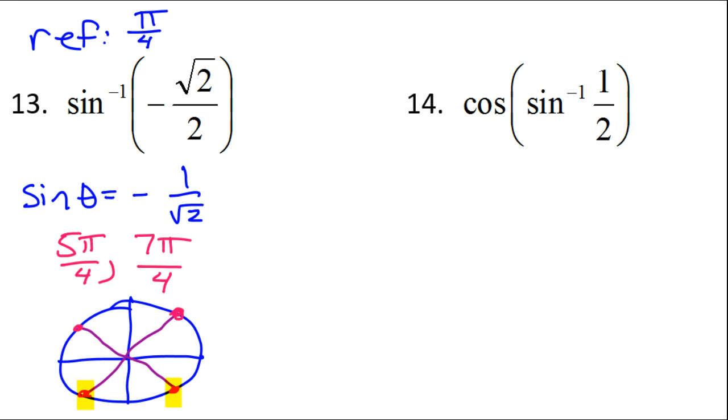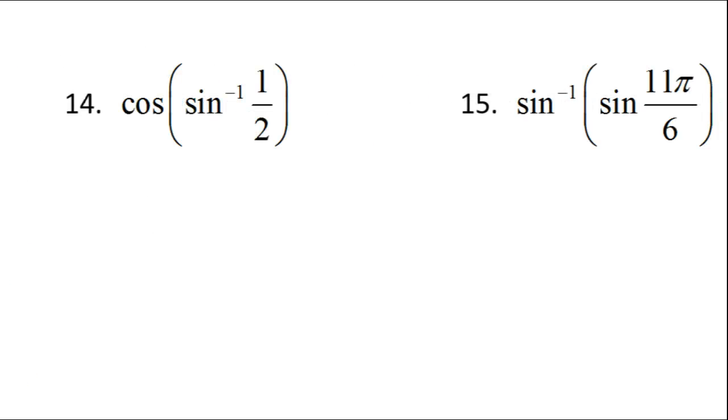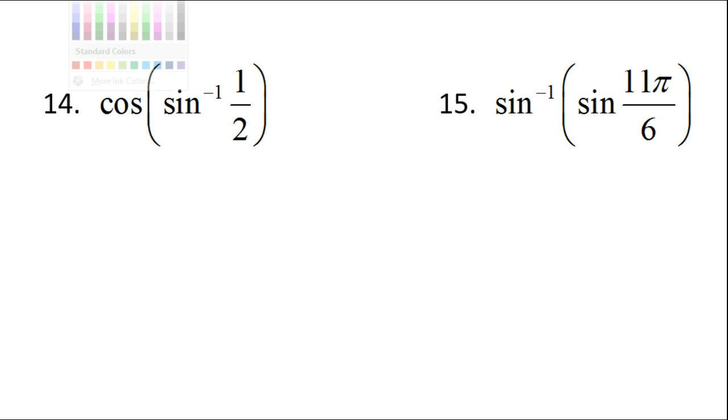Alright, look at number 14. Uh-oh, they're going crazy on us. They're doubling up. They're nesting these. So let's just do one part at a time. Ignore the cosine aspect of this. Let's just figure out what angle this is.